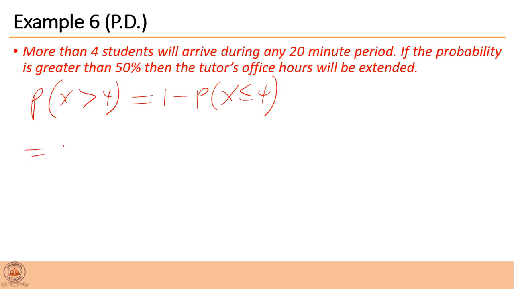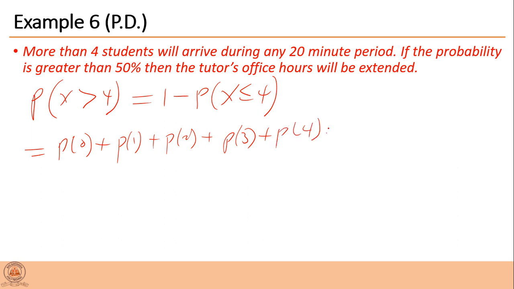So this will be p of 0 plus p of 1, p of 2, p of 3, and p of 4. The lambda is the same, it hasn't changed, 5.2. So we're going to use this 5.2 to run through all of these.